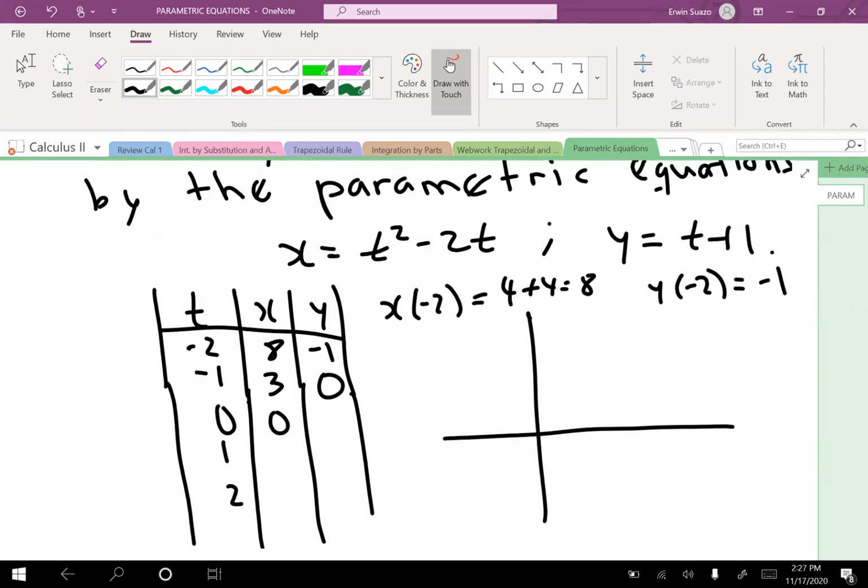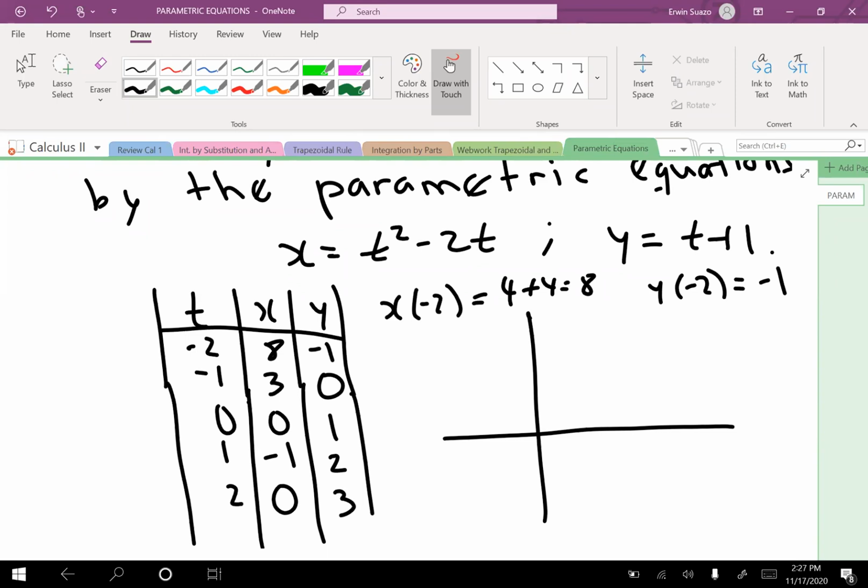Y of 0? 1. X of 1? Negative 1. And y of 1? 2. Then x of 2? 0. And y of 2? 3. Okay, so with those, we can graph now.